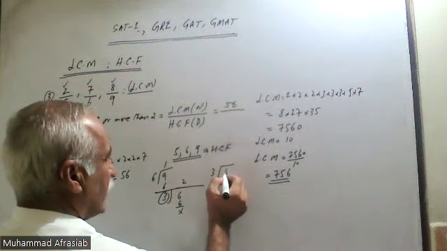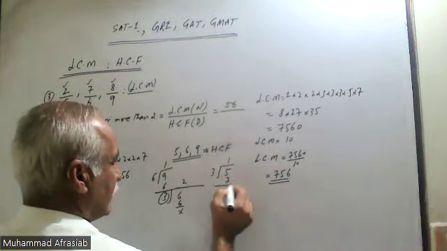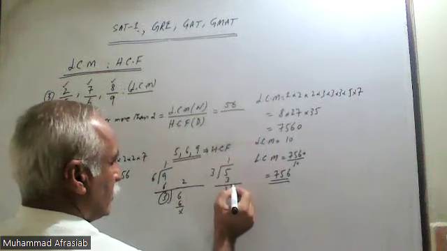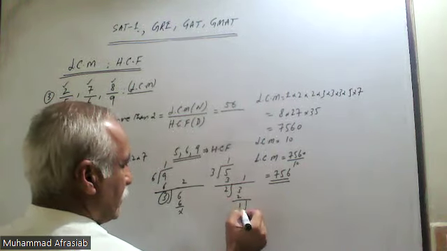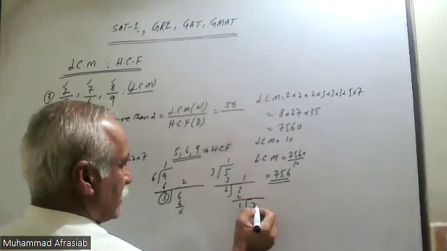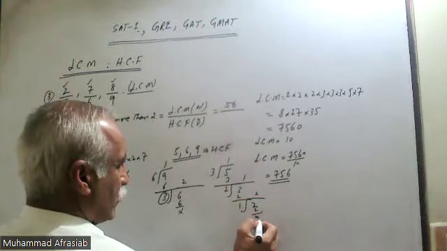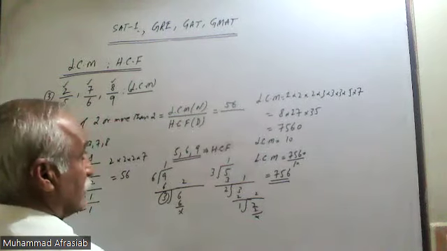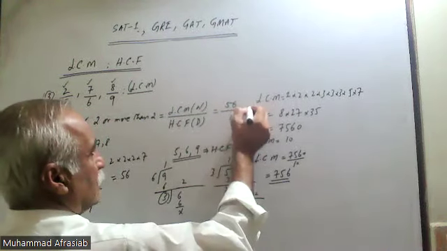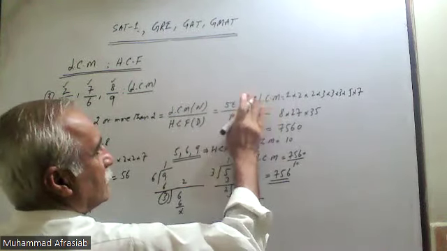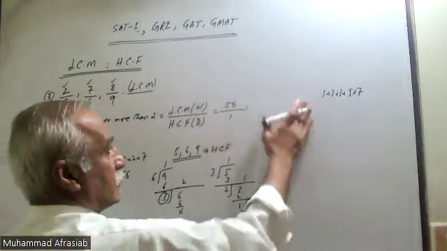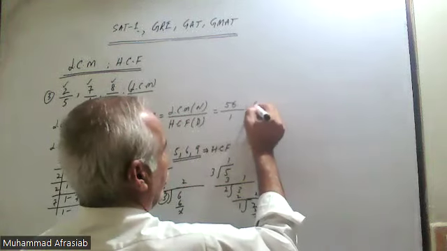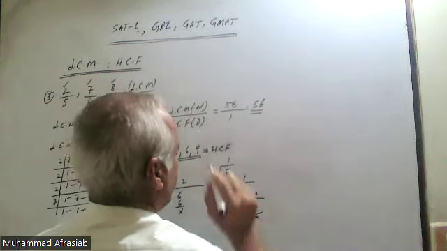So you can divide it now: 5, 3 ones are 3, 2, then by 3, 2 ones are 2, then 1, 1 twos are 2. So 1 is the HCF of the denominators. So the whole answer is 56.